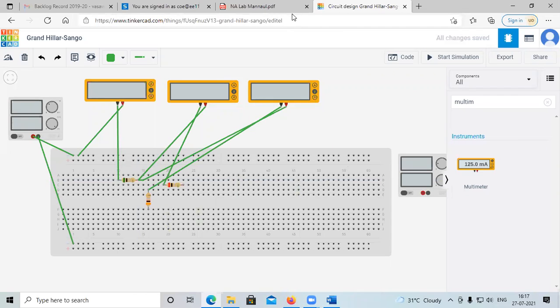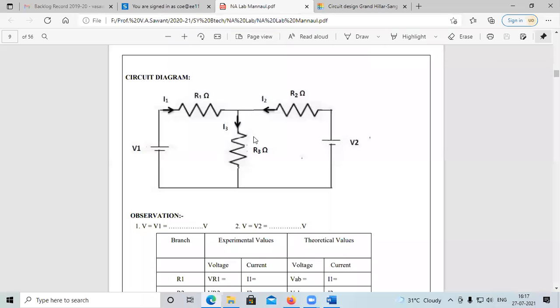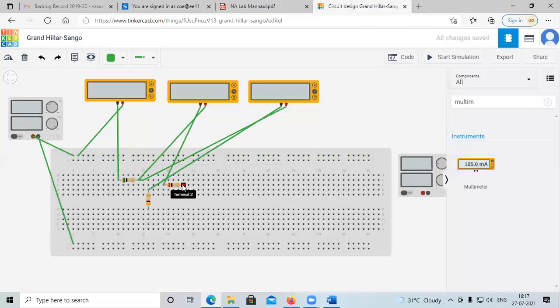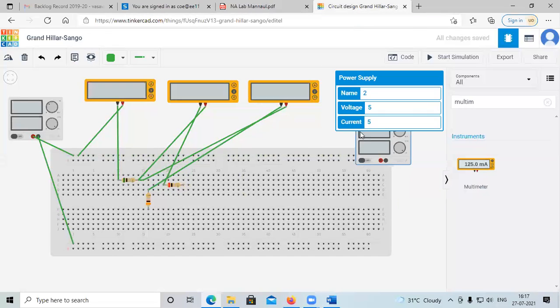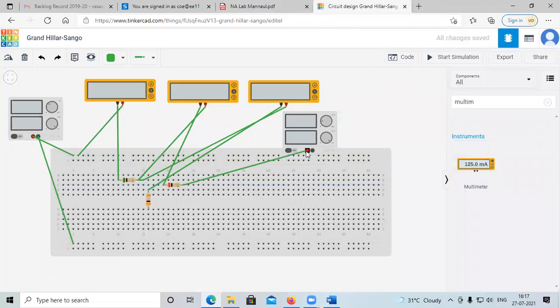Now next, see the circuit diagram. See, now the next terminal of this resistor R2 is connected to the positive terminal of V2. So this terminal can be connected to the positive terminal of this one.